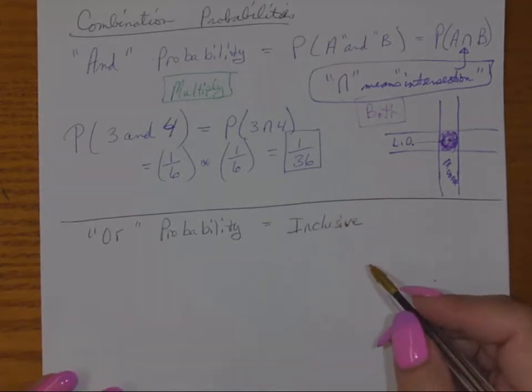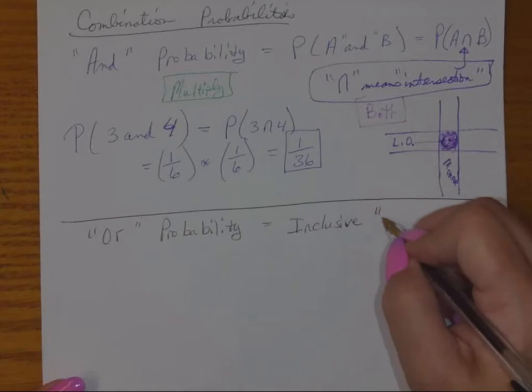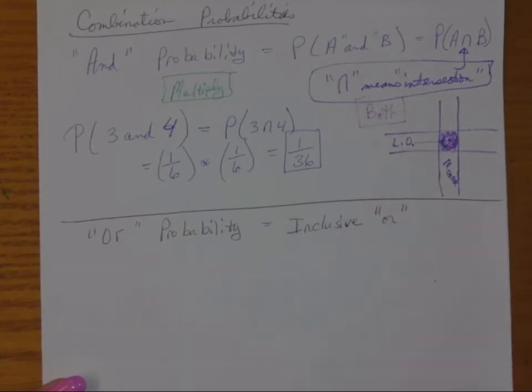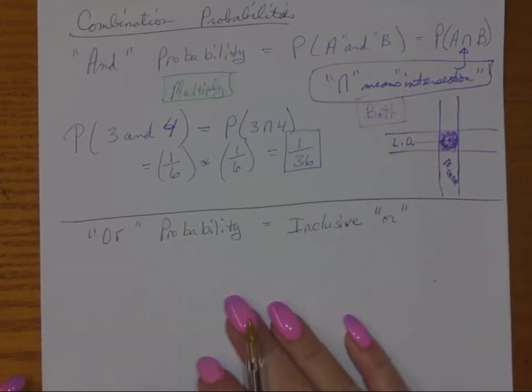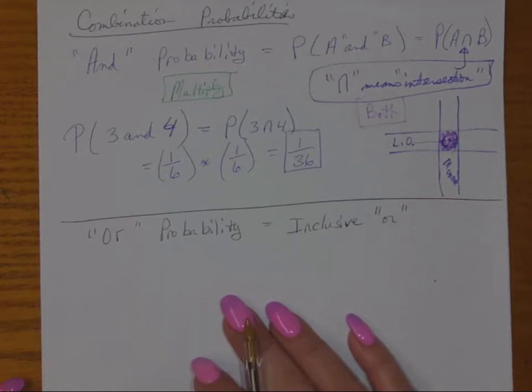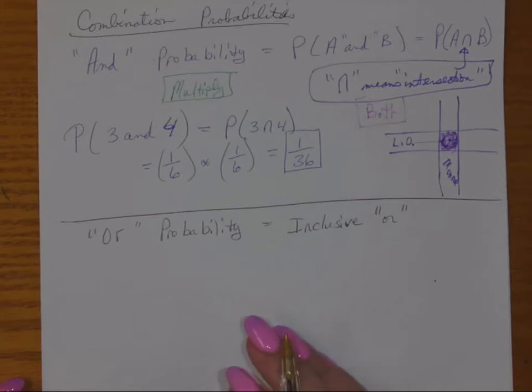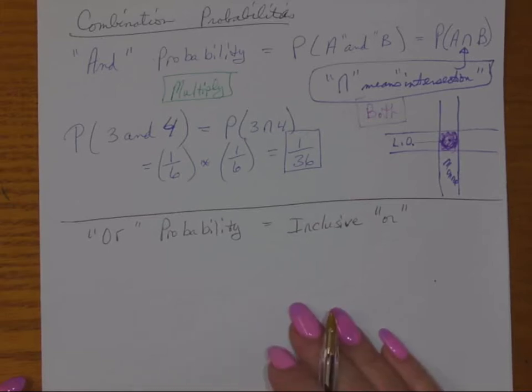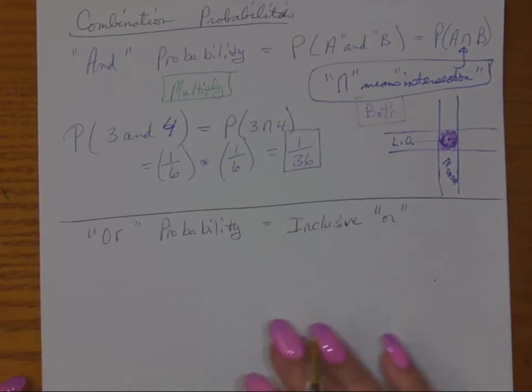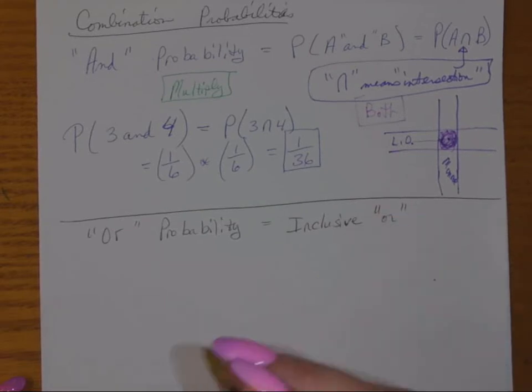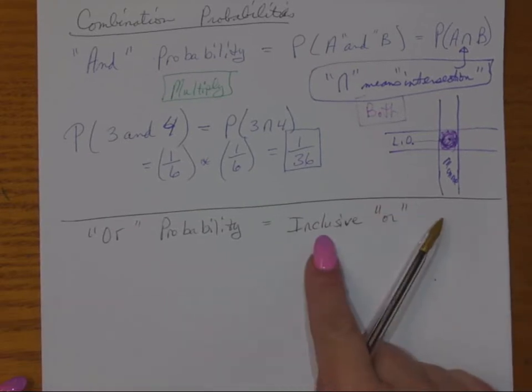There's an exclusive OR, meaning like, well, you can either fix your attitude, young lady, or you can go to your bedroom, okay? You can do one or the other. It's not inclusive at all. You only have one option. You have two options, but you can only do one of the things. That's an exclusive or. This is an inclusive or.